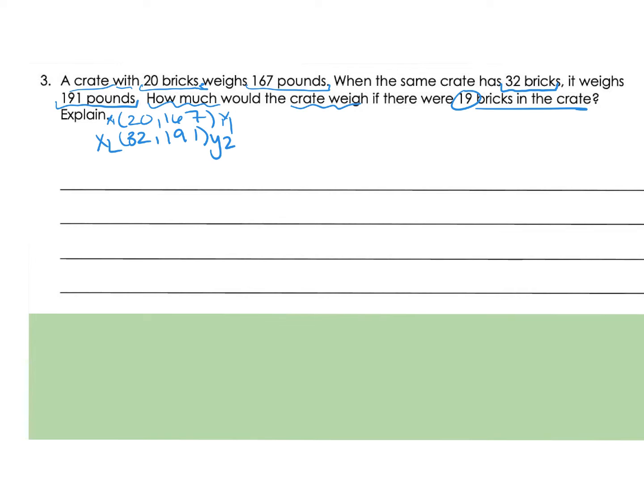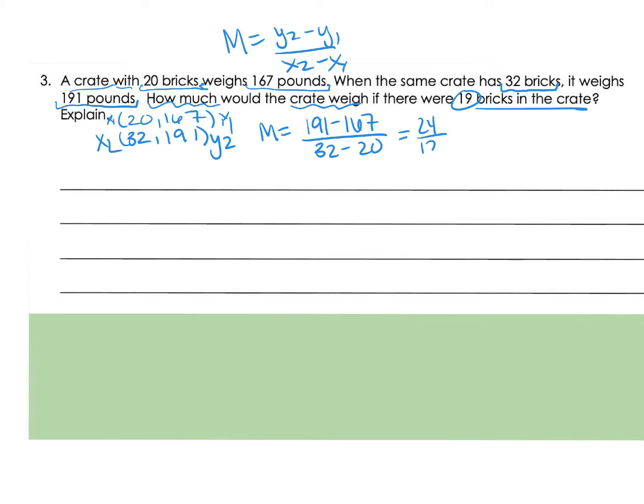Plug it into the slope formula, which is Y2 minus Y1 over X2 minus X1. So when I plug it in, I get 191 minus 167 over 32 minus 20. When I subtract, I get 24 over 12. I can reduce that because 12 goes into both of these numbers. So I get 2 over 1.